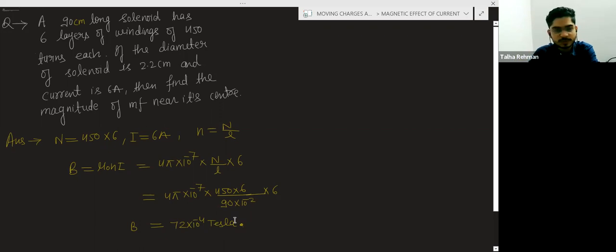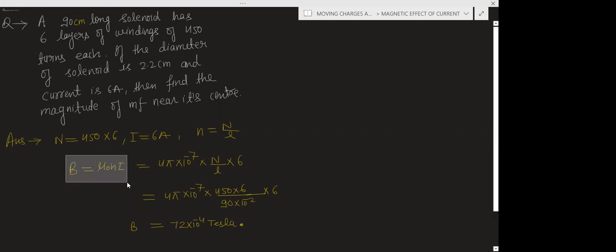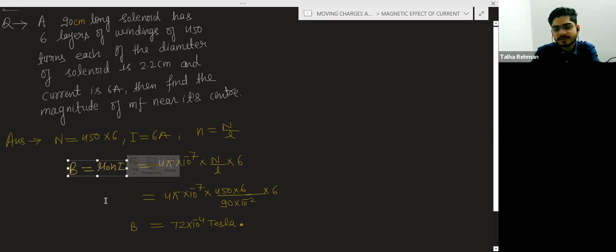So this type of question you will get. But you should know this formula. What is the magnetic field near the center? In the central region, the magnetic field is given by mu 0 small n into I. Small n is capital N divided by the length.